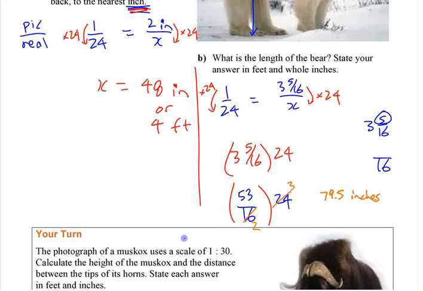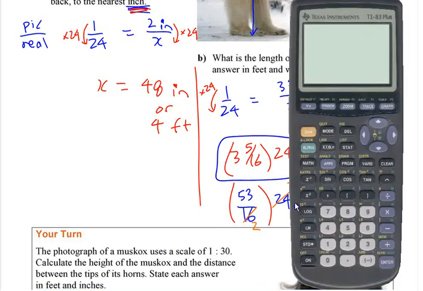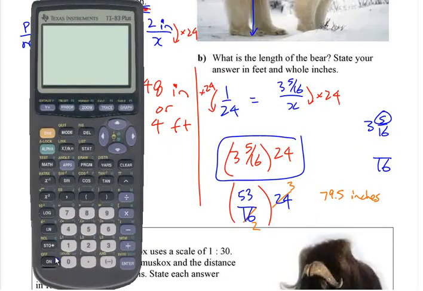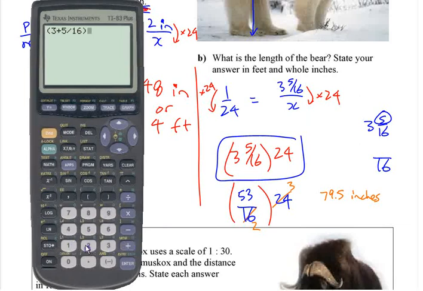Whether you did it directly like this or on your calculator, I don't want you to get hung up on the fractions, right? If you want to do it with the calculator, just enter the thing as is. 3 plus, actually you need brackets around it. If you want to put 3 and 5/16 into a calculator, you can put 3 plus 5 divided by 16. That's 3 and 5/16, times 24. Okay, you get your 79.5.